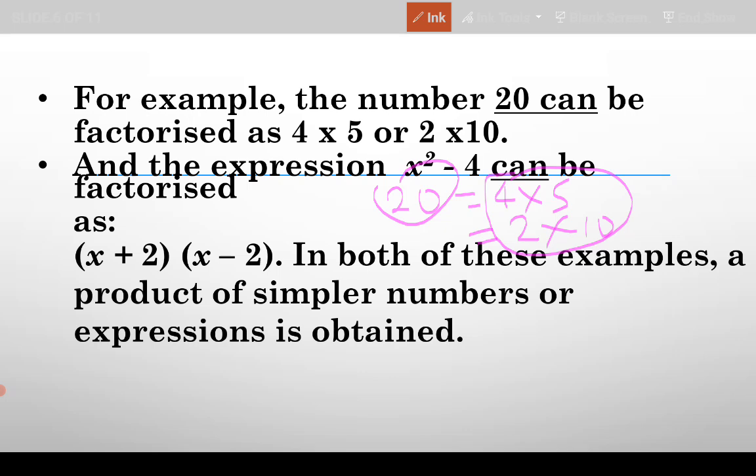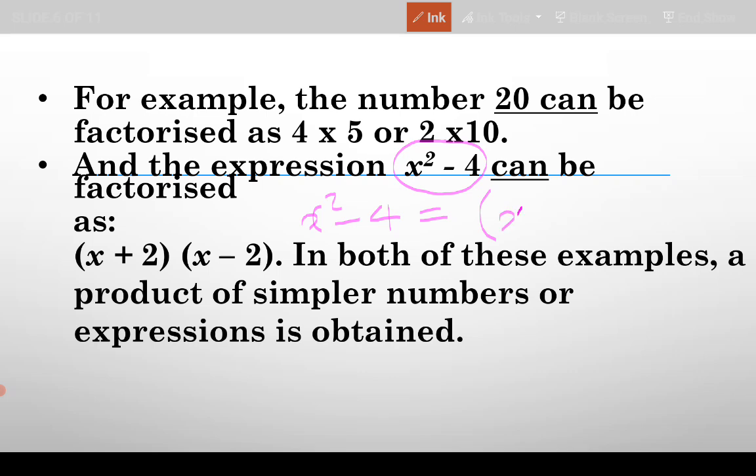Another example: x squared minus 4 can be factorized as (x plus 2) and (x minus 2). So these two terms are factors of x squared minus 4.